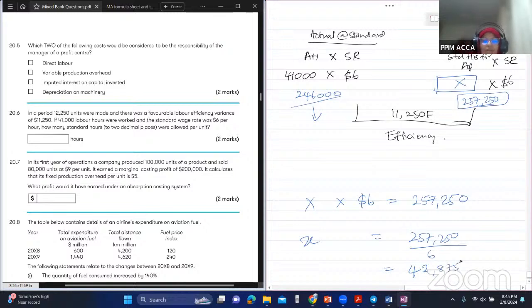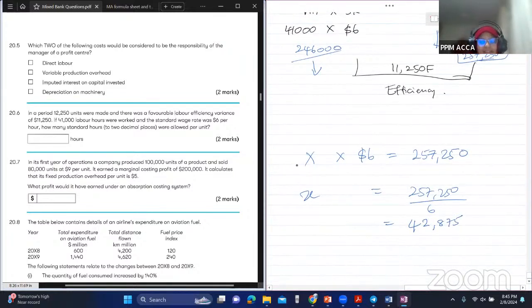Okay. 42,875, that is the standard hours for actual production. So the standard hours into actual production, which was 12,250, should only equal 42,875.